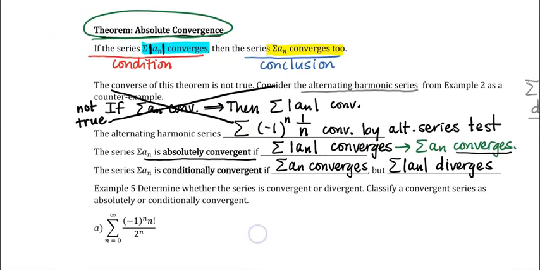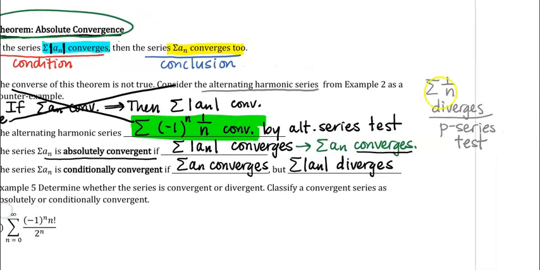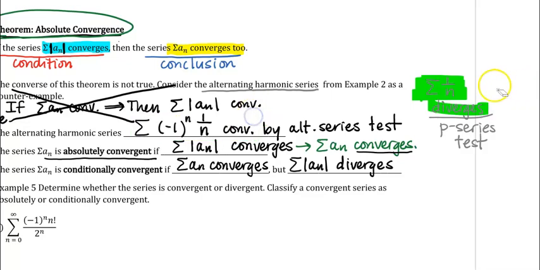The alternating harmonic series converged, but when we apply absolute value bars, the -1 to the n goes away because the absolute value of that would just be 1, and that diverged. So the alternating harmonic series is an example of a conditionally convergent series.